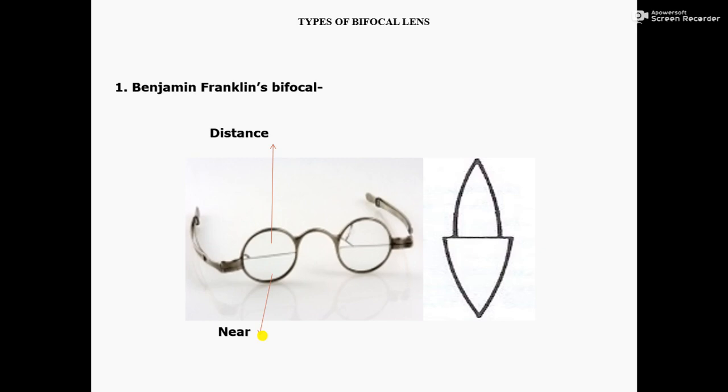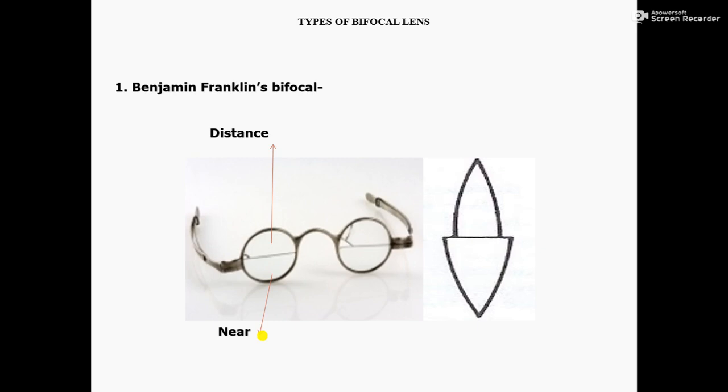Franklin had two pairs of spectacles cut in half and put half of each lens in a single frame, joined together so that the distance correction was on top and the near correction was placed in the lower part of the lens.